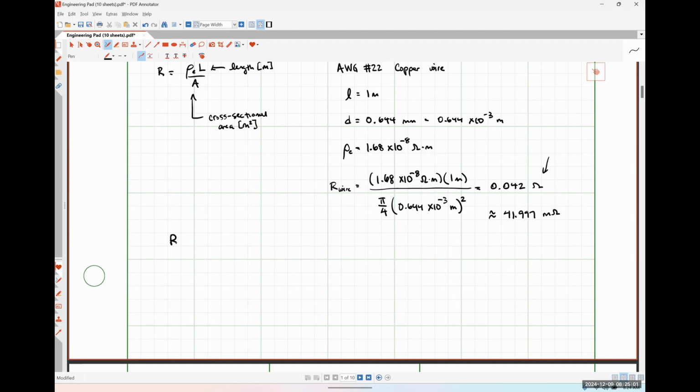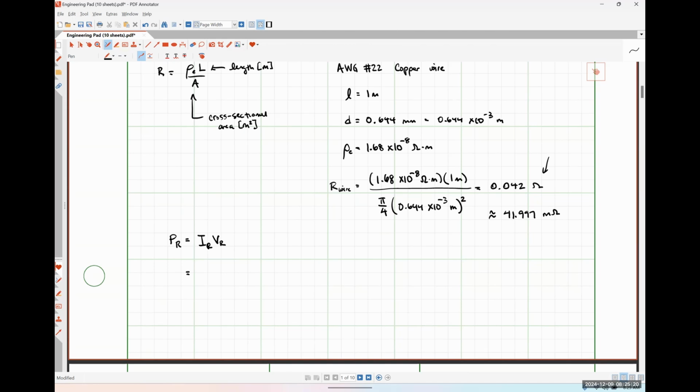So power, excuse me, that should totally be a P, absorbed by a resistor is going to be the current flowing through the resistor times the voltage drop across the resistor. Always, always, always.